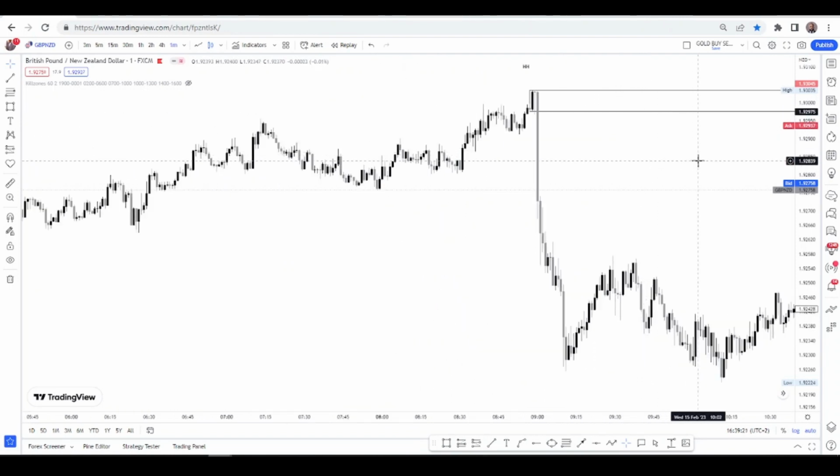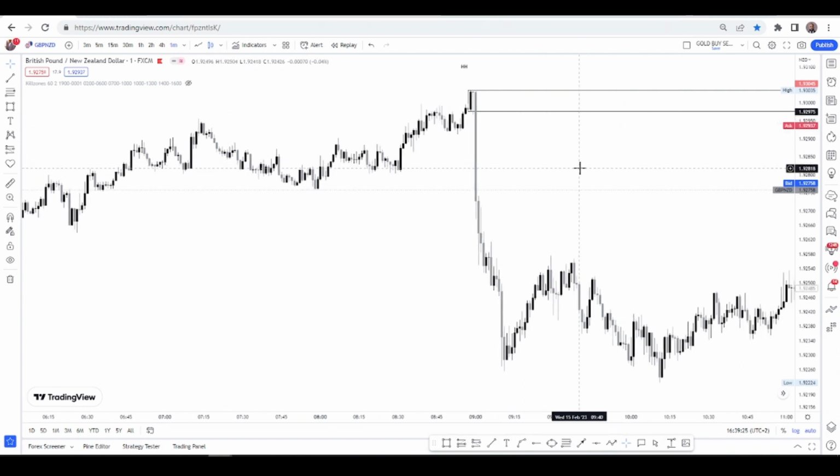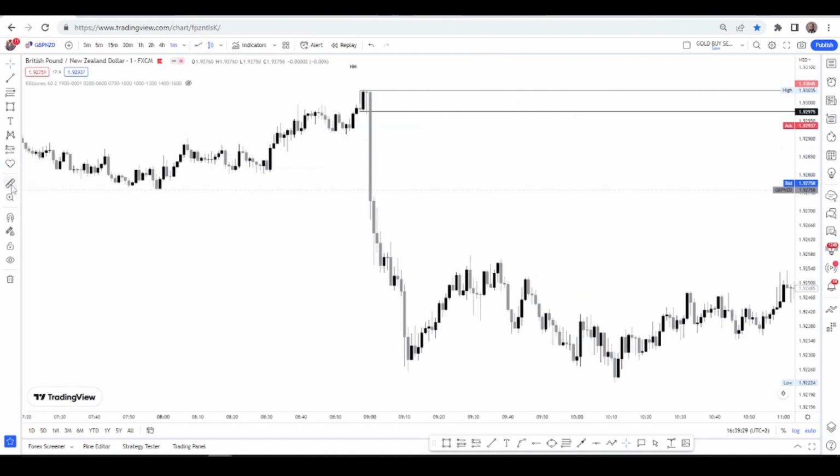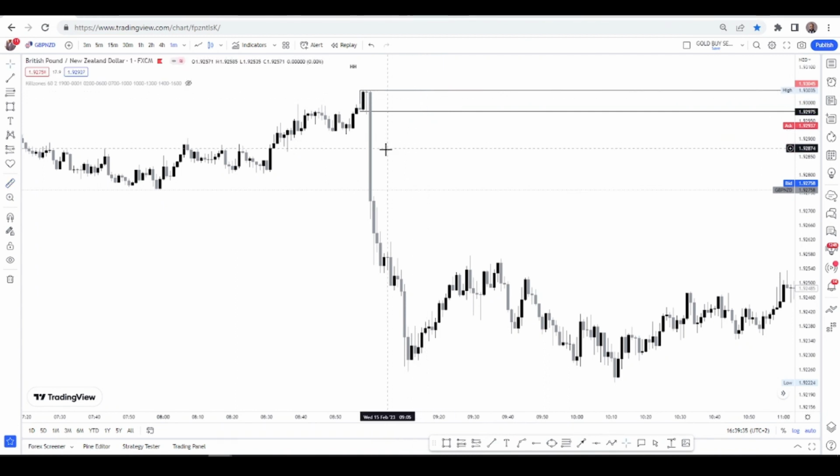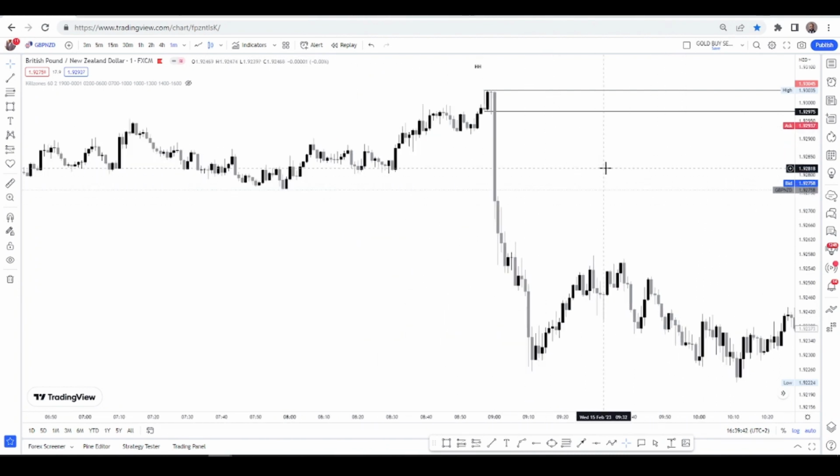You hear me talk about the footprints. These are the footprints that the market leaves behind. You can see now that this is about 6 pips instead of 24 pips. You see how much of a big difference it makes.